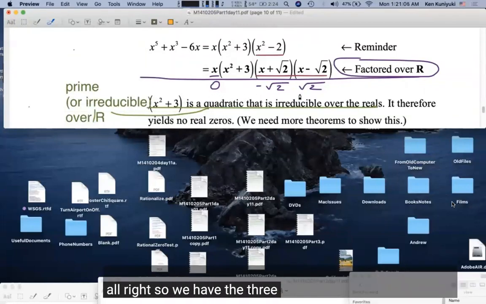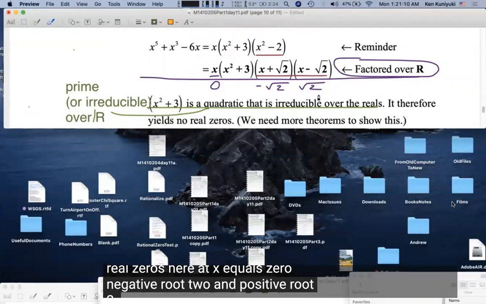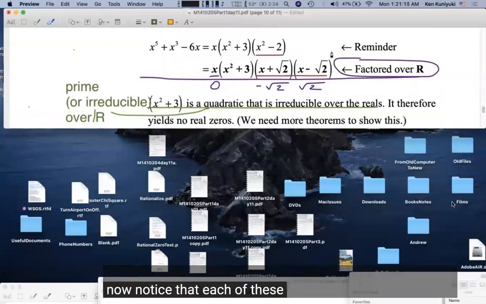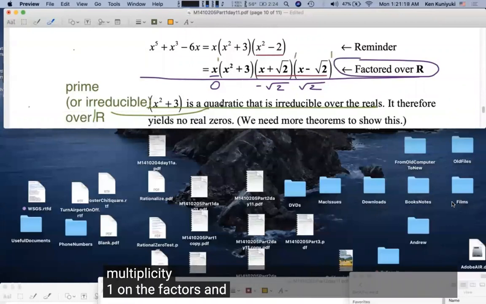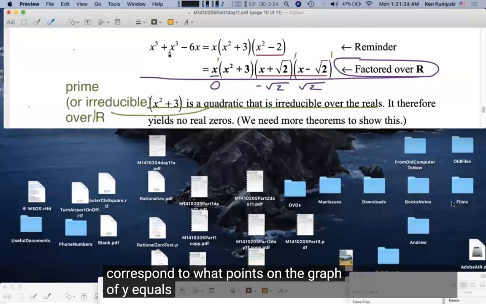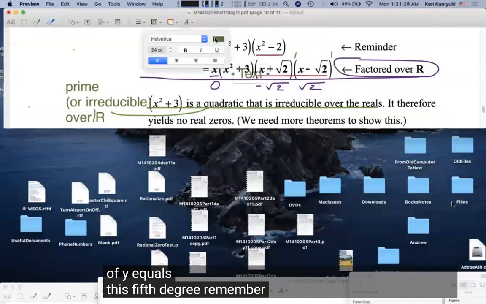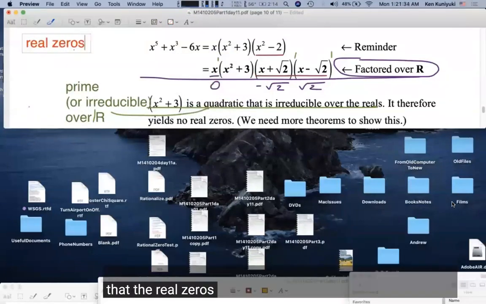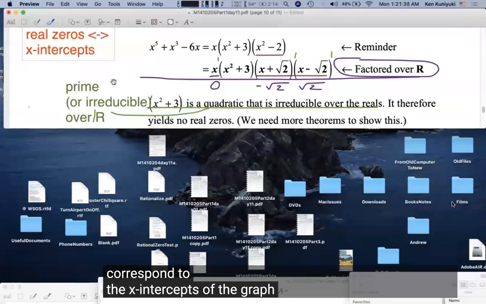So we have the three real zeros here at x equals 0, negative root 2, and positive root 2. Now notice that each of these has multiplicity 1 on the factors. And remember, these real zeros correspond to what points on the graph of y equals this fifth degree. Remember that the real zeros of the function correspond to the x-intercepts of the graph.